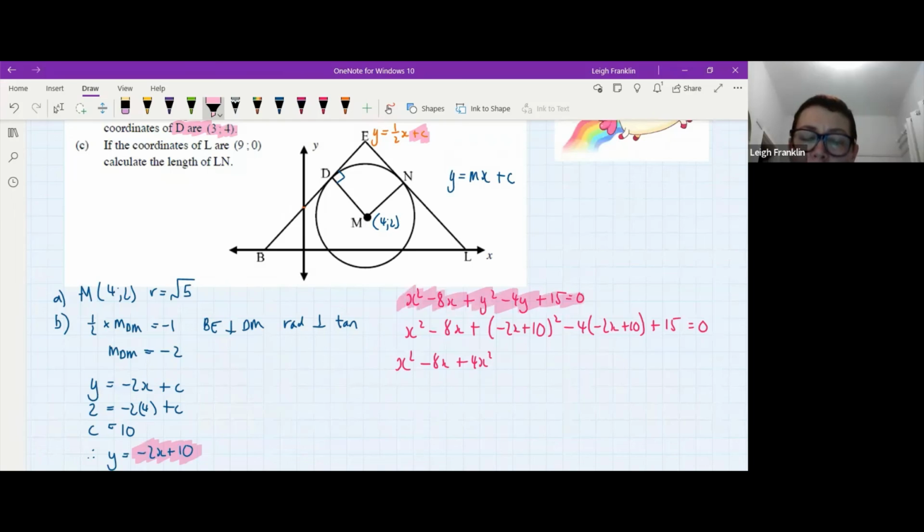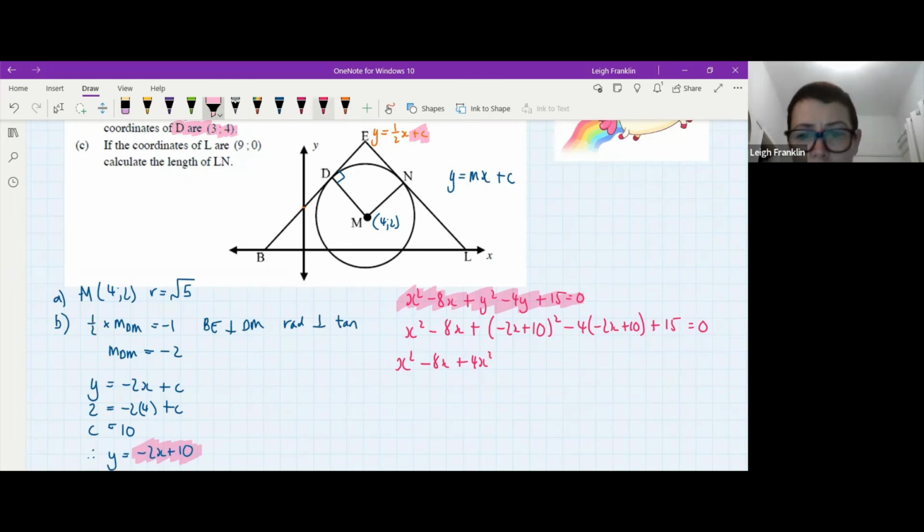So everywhere that there was a y, I'm replacing y with minus 2x plus 10. Oh, okay. Thank you. Okay, because at D, it is a point of intersection between the radius and the circle. That's why I can do this. Does that make sense to you? Yes, ma'am. Okay, all right.